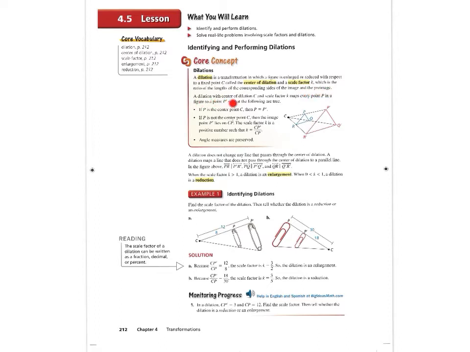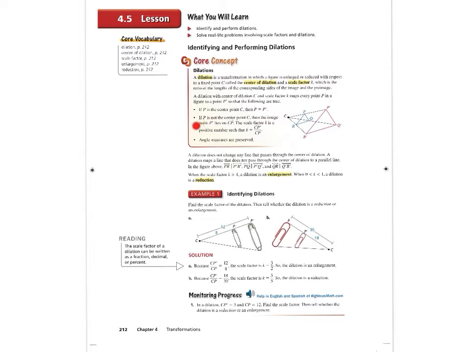A dilation with center of dilation C and scale factor k maps every point P in a figure to a point P prime so that the following are true. We have three bulleted statements, in other words, properties of dilation. The first property: if P is the center point C, then point P is equal to point P prime.